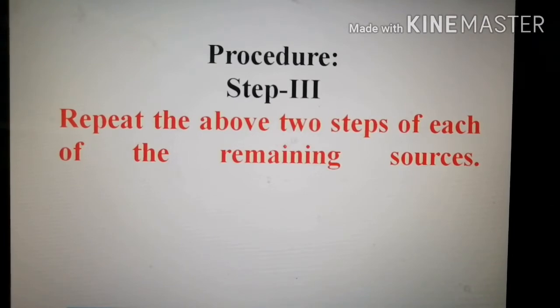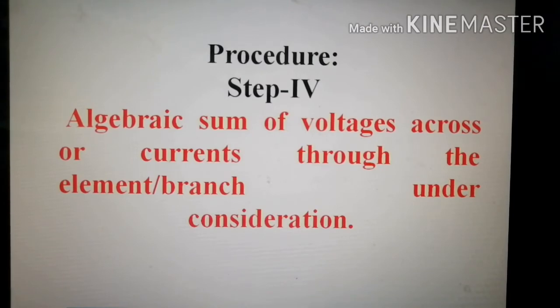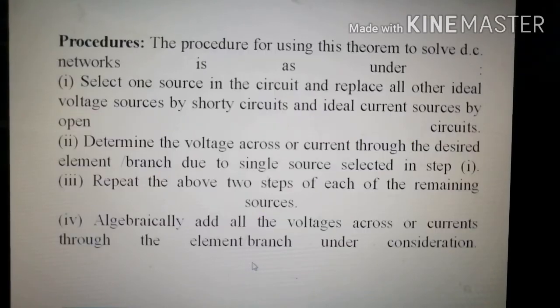Now the 4th and last step: take the algebraic sum of voltages across or currents through the element or branch under consideration. These are the 4 steps of the procedure. These steps are necessary, and we adopt them one by one to resolve the problems.